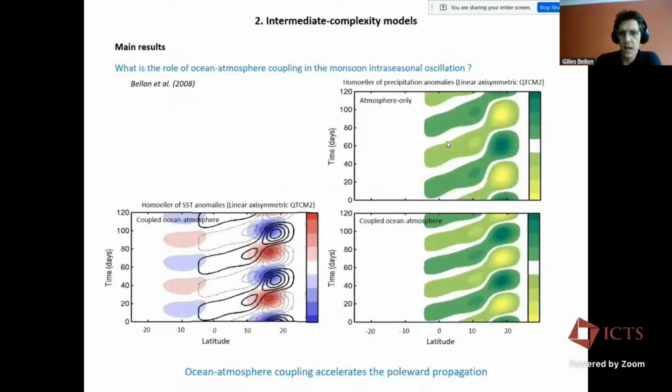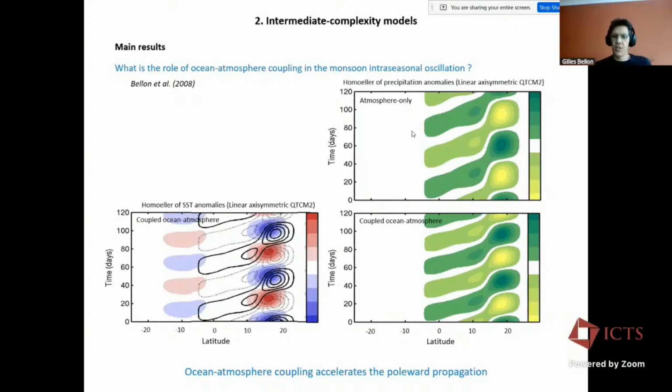And so coupling this axisymmetric QTCM2 with a simple 1D ocean model was a way to try to figure out what the role of the coupling could be. And so you can see that in the atmosphere-only model here and the coupled ocean-atmosphere model, we have oscillations with about the same structure.